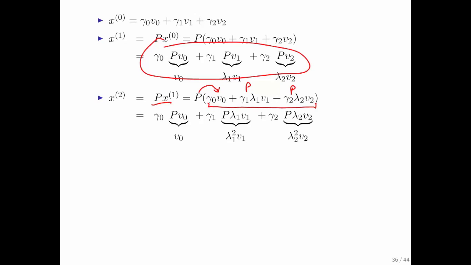And then again, it's the case that P times v0 is v0. But this time, P times v1 is lambda, and we already had a lambda, so we end up with a lambda squared. And the same thing here. P times lambda 2 times v2 is lambda 2 squared times v2.